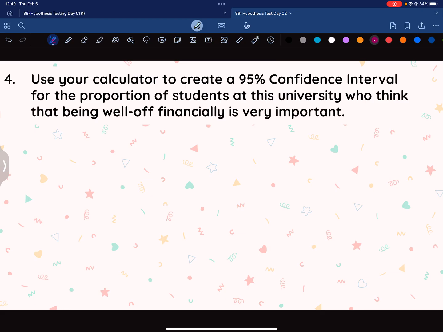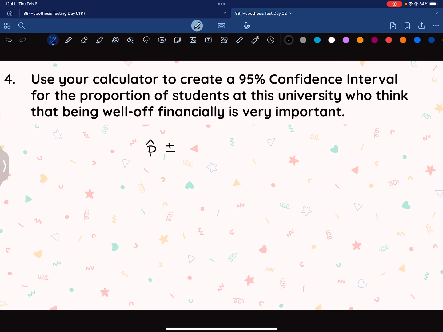Okay, so we can quickly make a nice confidence interval of 95% for the proportion of students at this university who think that being well off financially is very important. So of course I'm going to bring in my pieces. I don't have to go through all my conditions since we already satisfied them before.